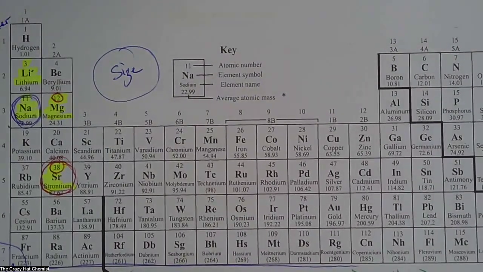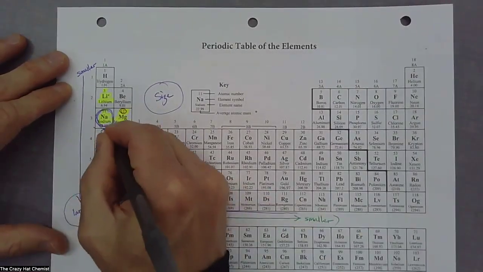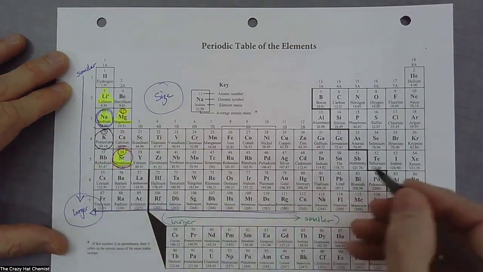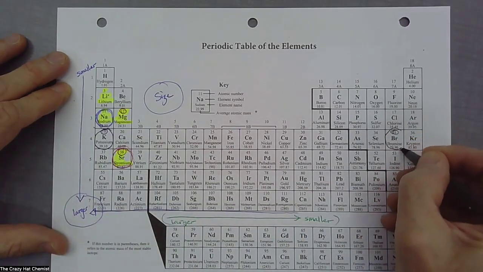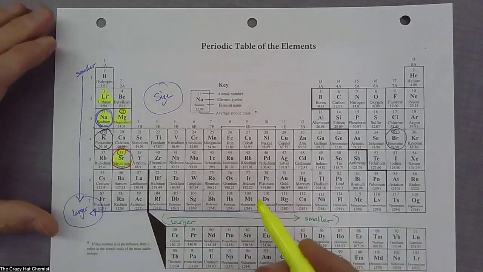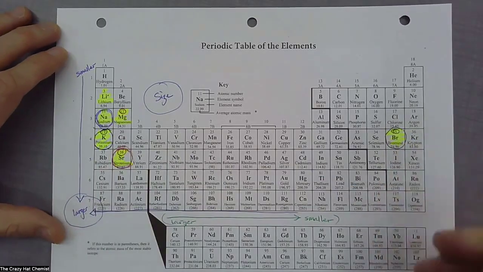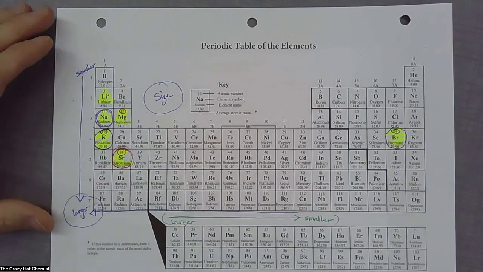So element number 19 and element number 35. We're going to zoom out on our periodic table just a little bit. Element number 19, that's potassium right there, and 35, that's bromine right there, just like that. So hopefully that makes sense where those are located. Now that I have where potassium is and where bromine is, I'm going to follow their periodic trend.